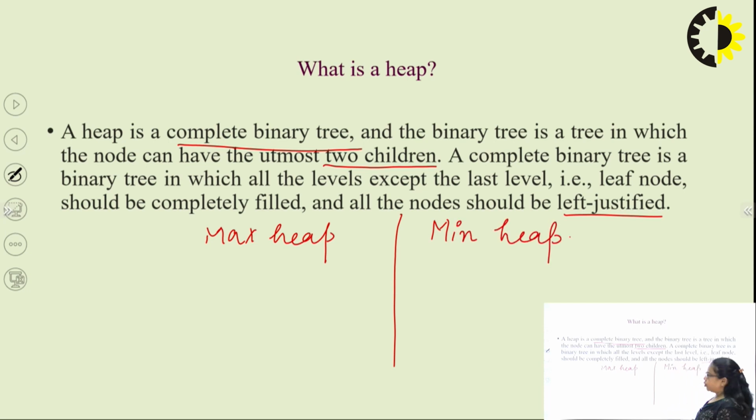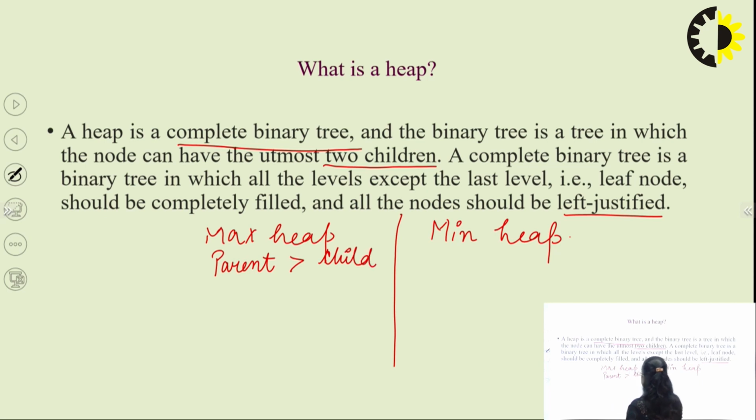If I'm talking about the max heap, remember one thing, in the case of max heap, the parent node should always be greater than its child nodes, right? For example, if the root node is 80, then the children can be like 50 or 60.